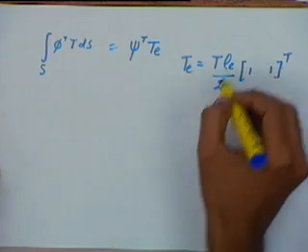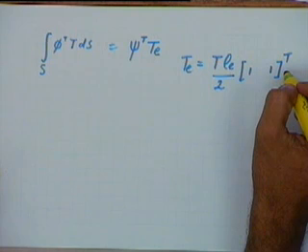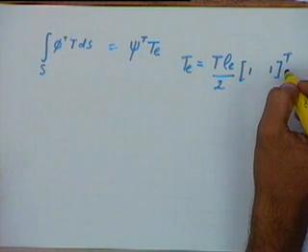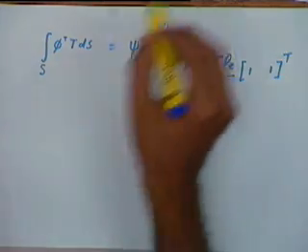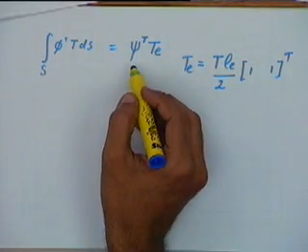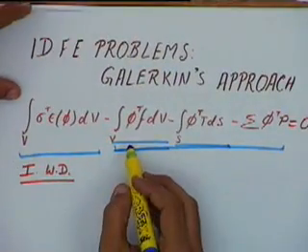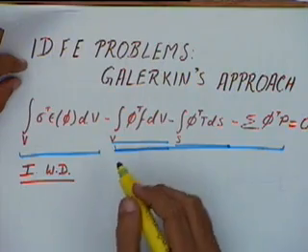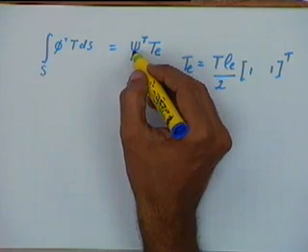So effectively the total tractive force will also be split equally between the two nodes. So the third term will evaluate to this expression. If you notice, the terms that we are getting are quite similar to the terms that we had in the Rayleigh-Ritz method, except that there, instead of psi, we had q. That is the only difference.